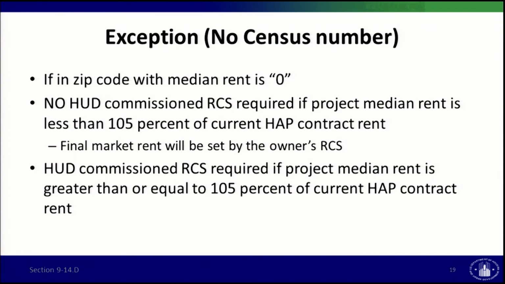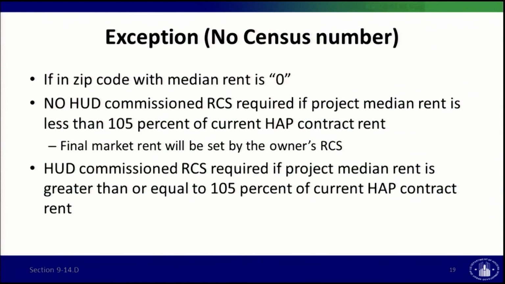In these cases, no HUD commissioned RCS is required if the project's median rent is less than 105% of the current rent. So you take the estimated increase. If it's less than 5%, no study is necessary. The final comparable rent is set at the owner's RCS.